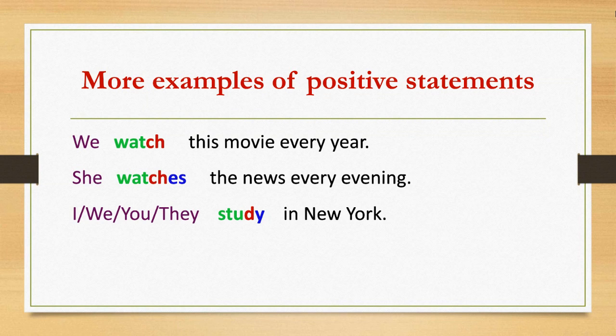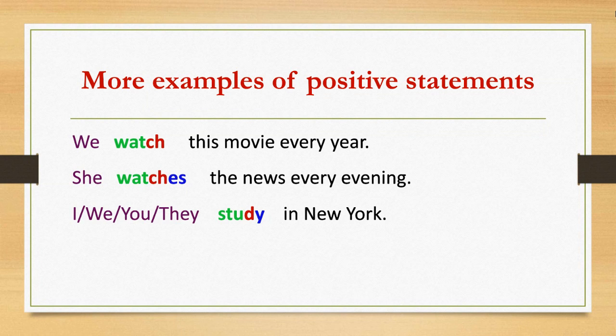Let's take the example of the verb study. Study is a verb that ends with a consonant d followed by a Y. With I, we, you, they, the verb stays in its infinitive form. I study in New York.